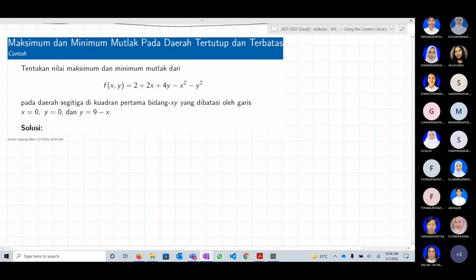In this case, first we find the interior points. The first step, interior points.